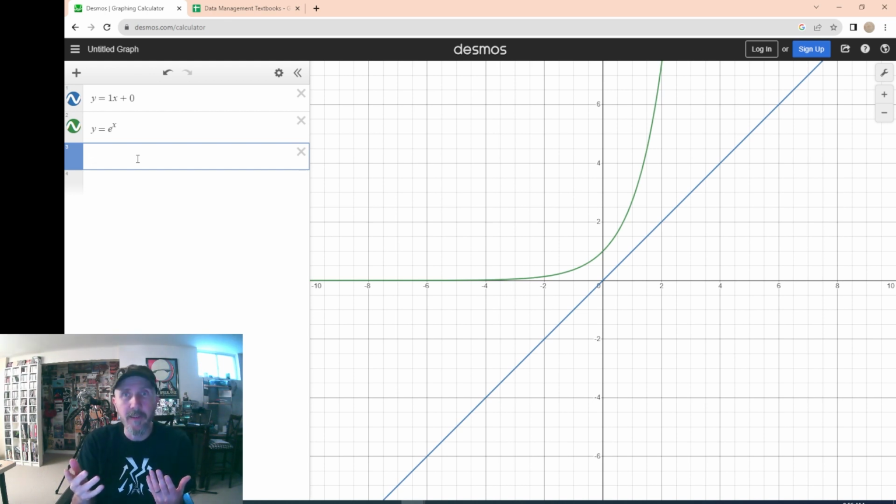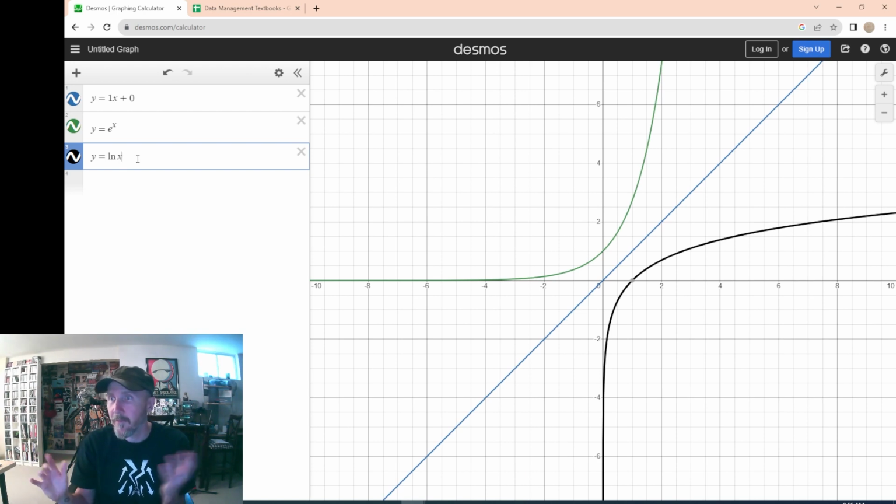The ln button is the natural log. So let me see if this can do ln also. Ln x. Awesome. Okay, so now if we look at these three graphs, the blue is our linear, the green is our exponential, and the black one here is our logarithmic one.